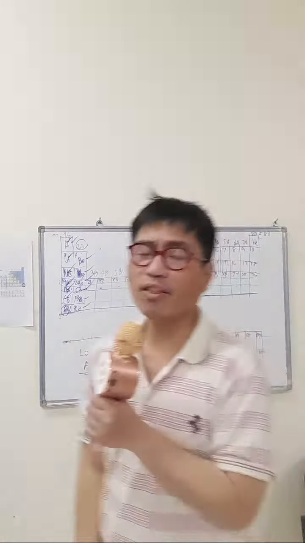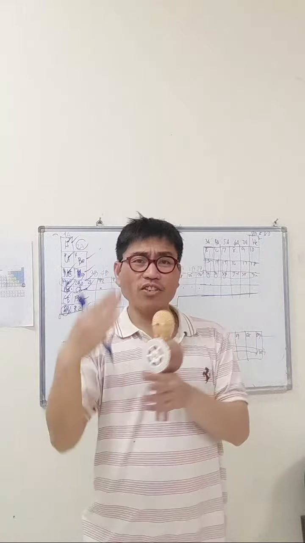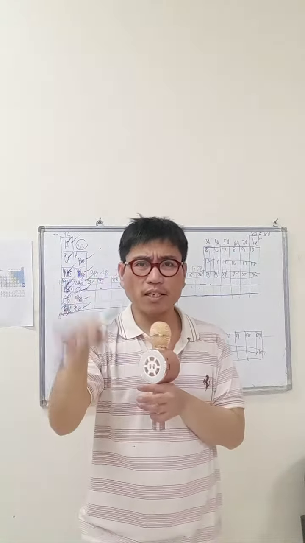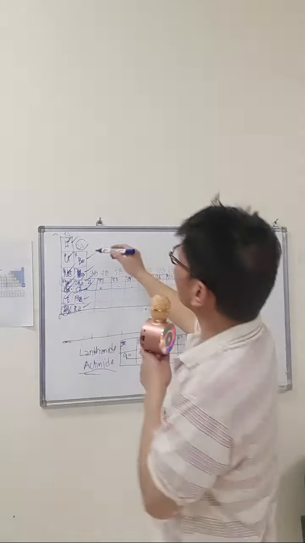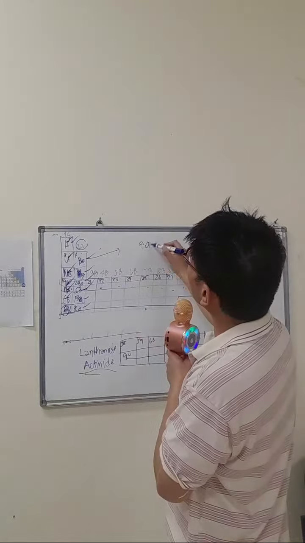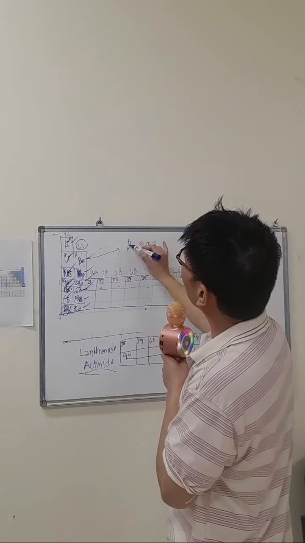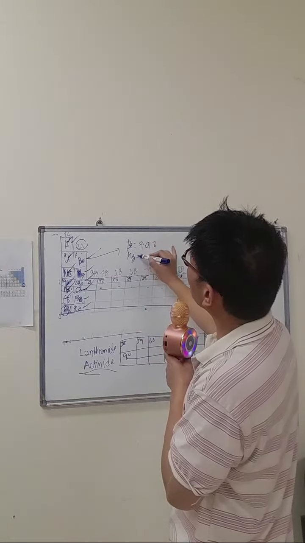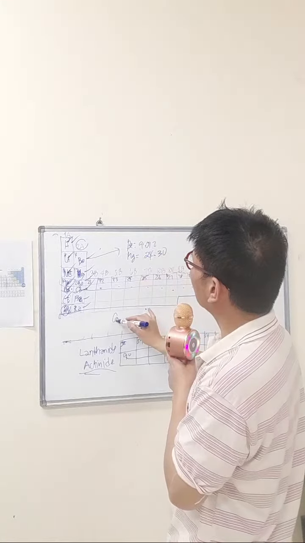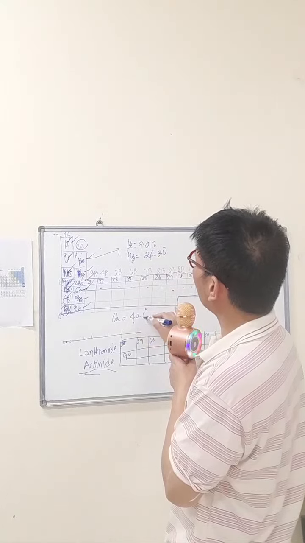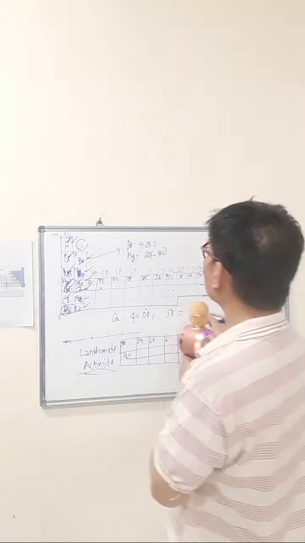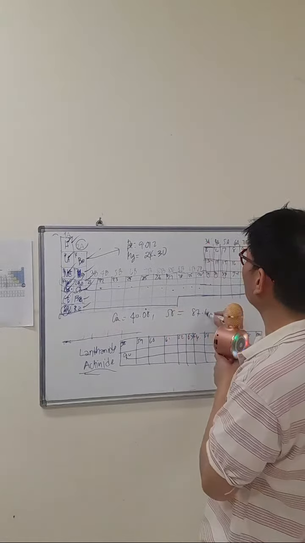If you know the atomic mass, you can interchange that one. The higher atomic mass will be in the lower part. So, what is the atomic weight of beryllium? 9.012. Magnesium is 24.30. Calcium is 40.08. Strontium is 87.62.